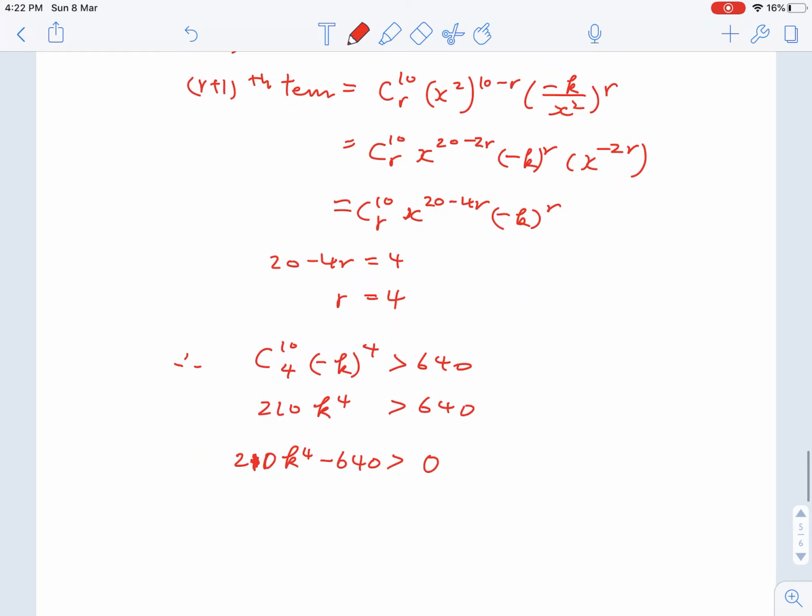When you solve the inequality using the sign diagram, remember you should have two answers, because when you take the fourth root, it could be positive or negative. And since the question did not specify the value of k, you should have the plus or minus value, and k would be greater than the positive value or k smaller than the negative value.